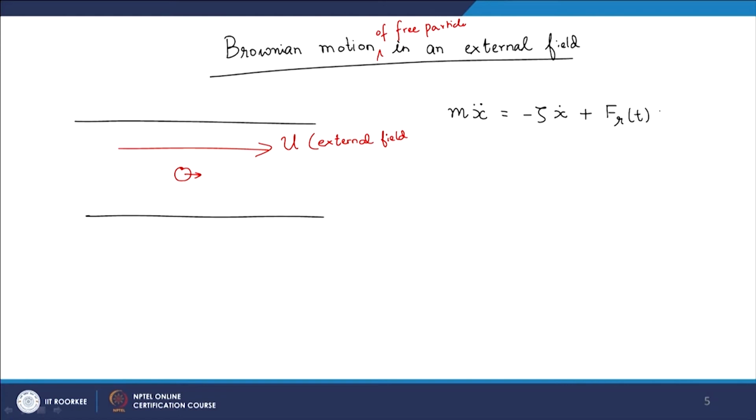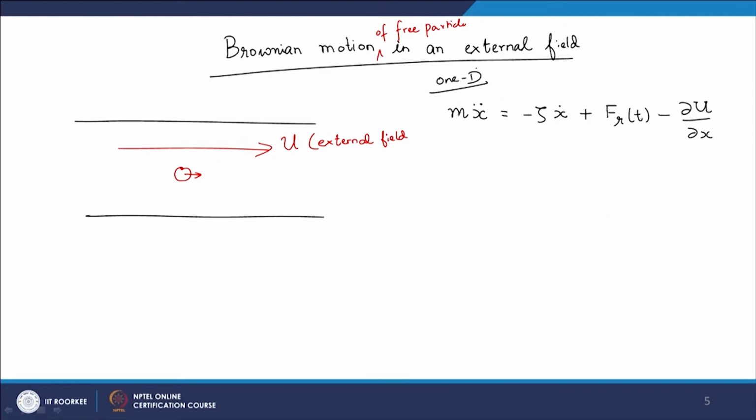In addition to that, we now also have a force term that is simply a gradient of the external field, and I am doing it in one dimension. That is, the motion is only happening in one dimension. You can do it in any dimension, but the math will look somewhat complicated; you will simply replace dU by dx by the gradient of U, but the idea remains quite the same.